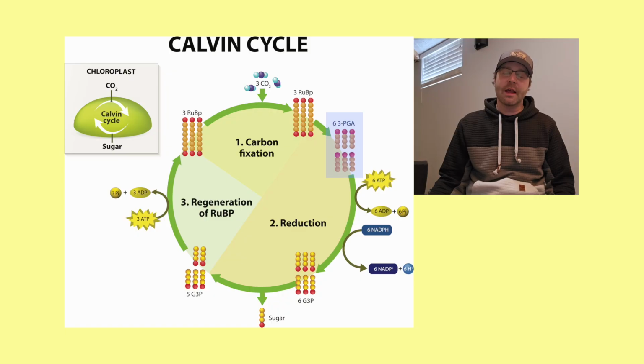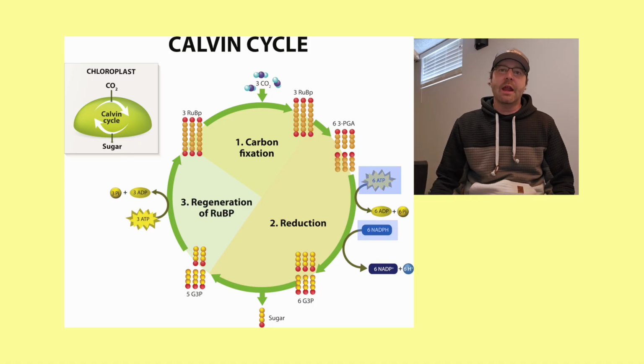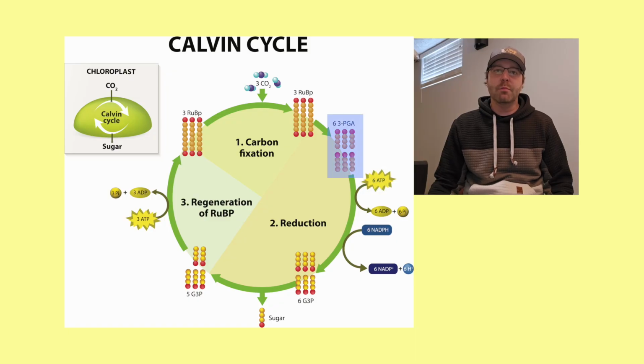That brings us to the next stage, which is reduction. So ATP and NADPH from the light reactions provide energy and electrons to convert 3-PGA into G3P, a 3-carbon sugar phosphate.